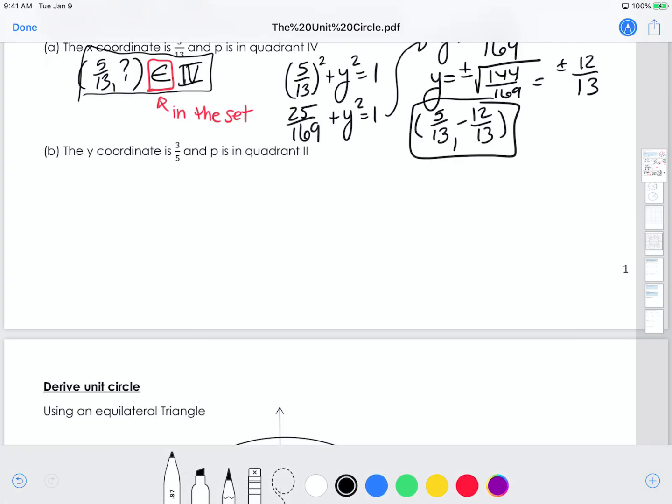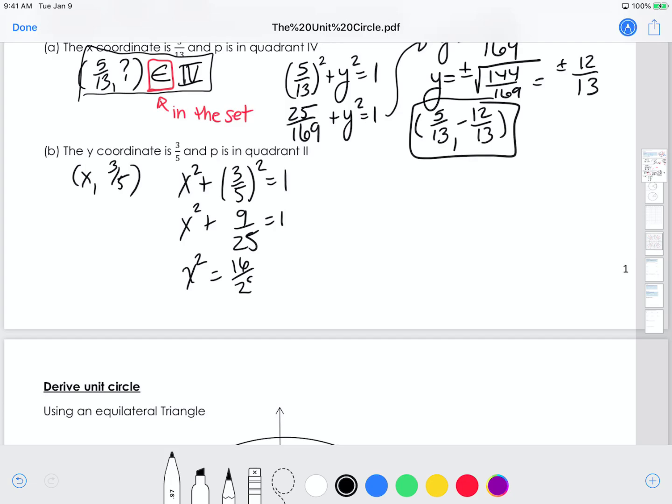In the second part, we're given the y value, and we need to find the x value. So we're going to plug in 3/5 into the equation x squared plus y squared is equal to 1. That's going to give me 9/25. Then I'm going to subtract 9/25 from both sides, and I'm going to get 16/25.